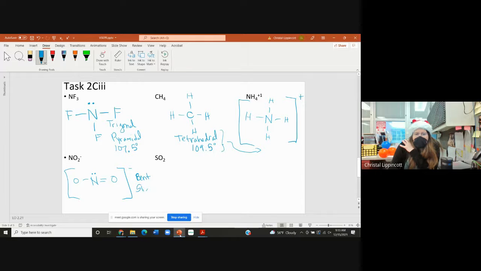And then the last one, we have sulfur and oxygen bonded together like this. And it's going to have the same structure as the previous one. Okay, so you see how to use the chart now combined with what you learned yesterday?